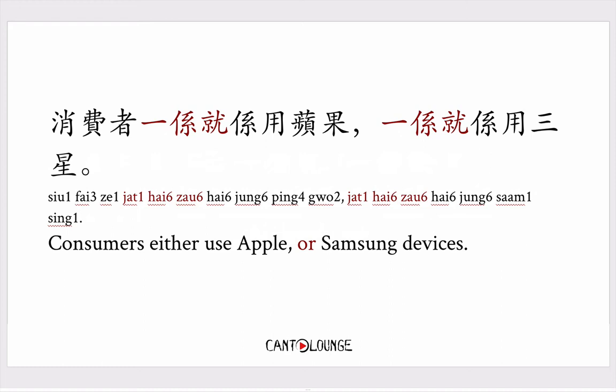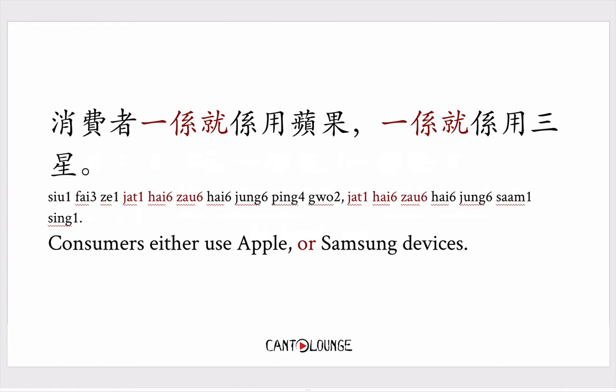And of course, when we think about mobile devices, it's all Apple or Samsung, so you might say 消費者一係就係用蘋果，一係就係用三星. So 消費者, consumers, 一係就 either 係用蘋果 use Apple devices, 一係就係 or 用三星 Samsung devices. Okay, fairly straightforward.